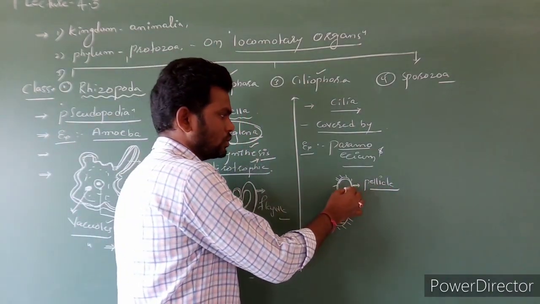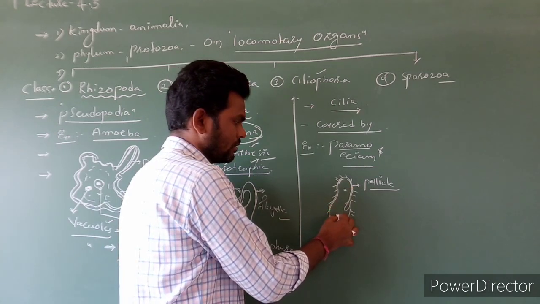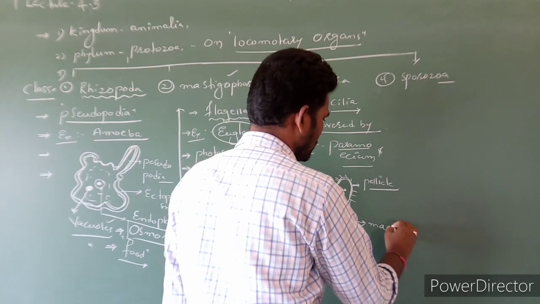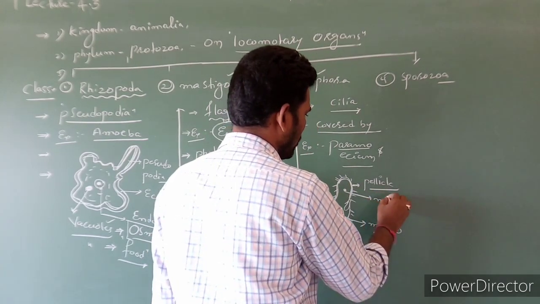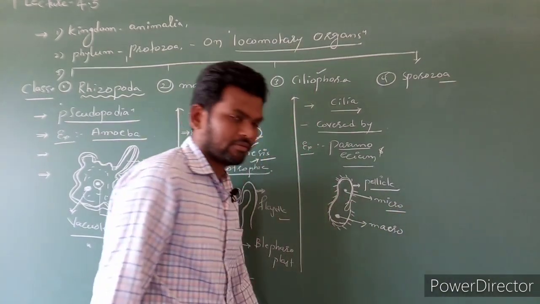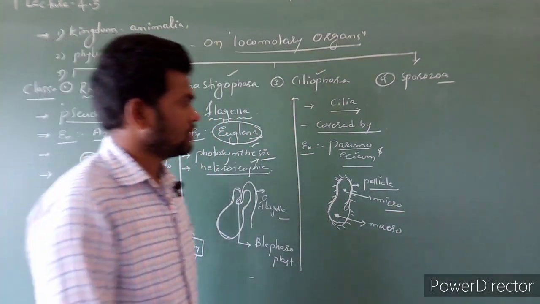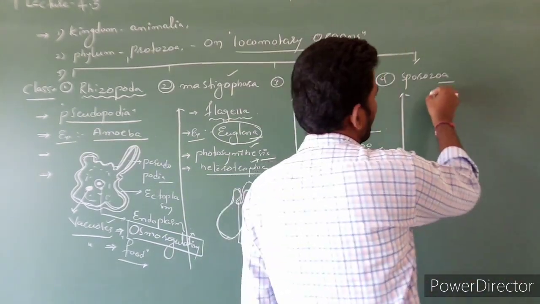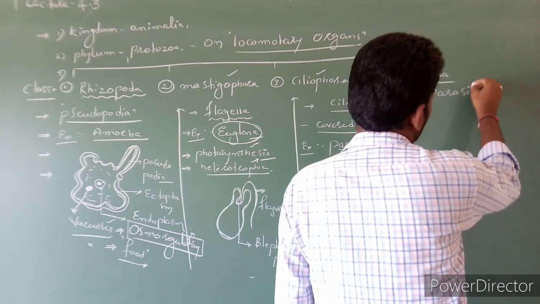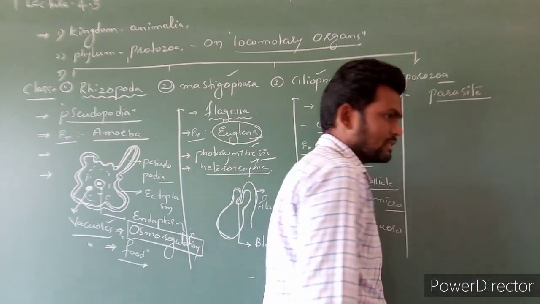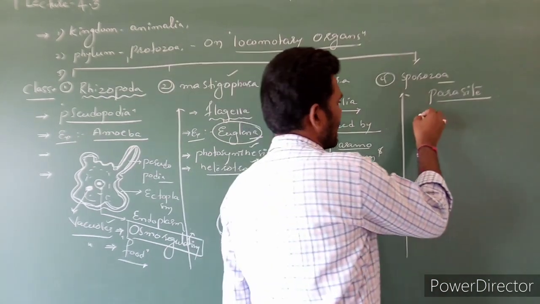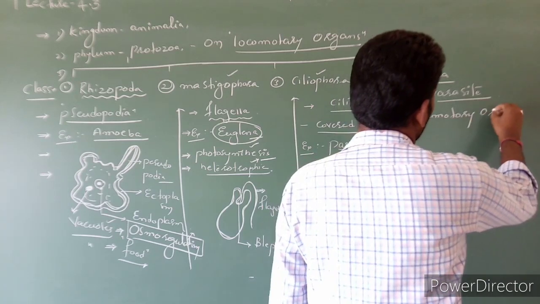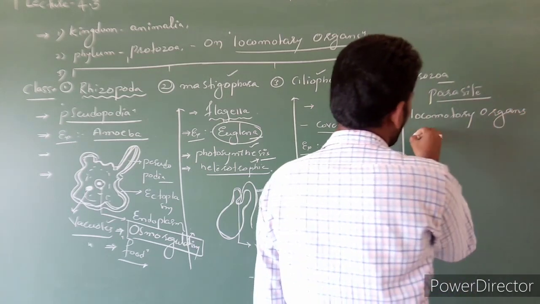Here the major character is that two types of nucleus are present: one is the macronucleus and one is the micronucleus. Clear? Next, Sporozoa. Sporozoans are mostly parasites. Locomotory organs are completely absent.